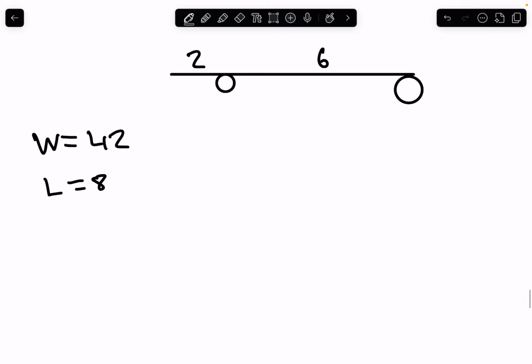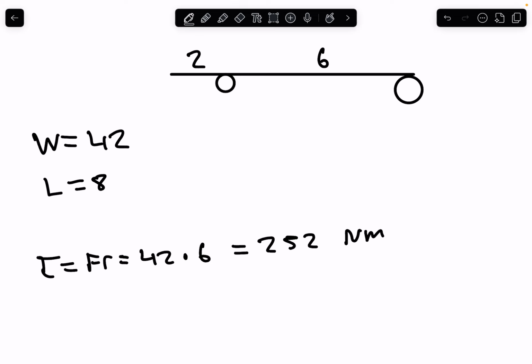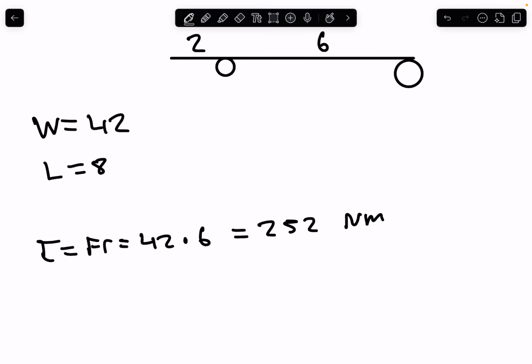Torque equals Fr, which is 42, the weight, multiplied by R. R here is 6, so it is equal to 6 times 42, 252 newton meters. And it is correct. On to the other question.